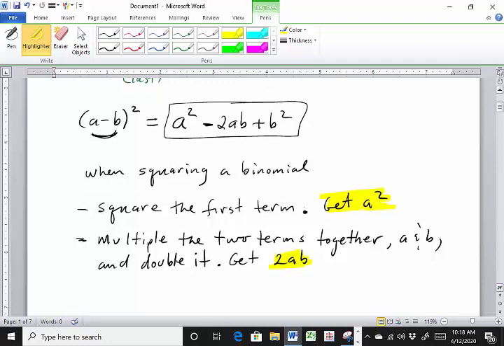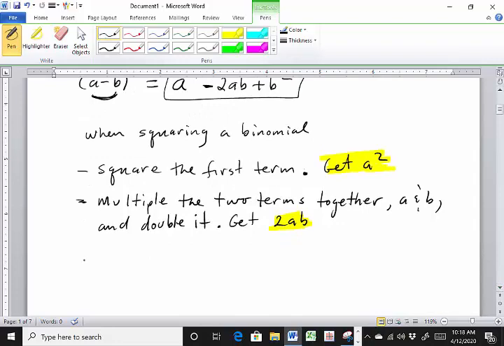And then finally, last step we know, is you're going to square the second term, which you can also call the last term, okay? And what do you get?